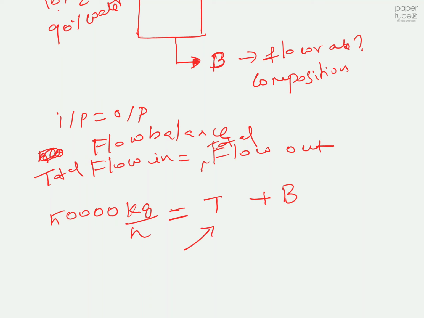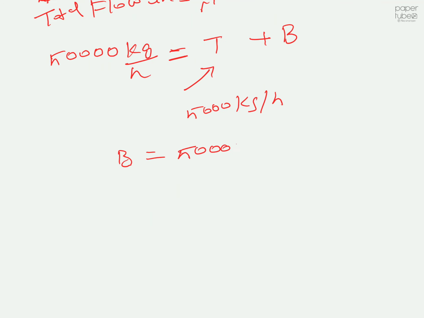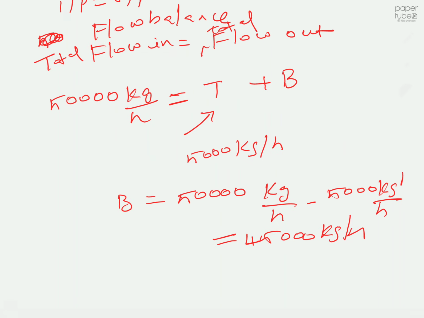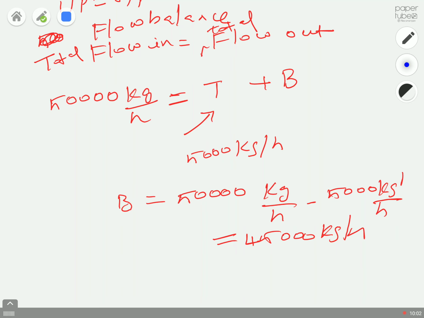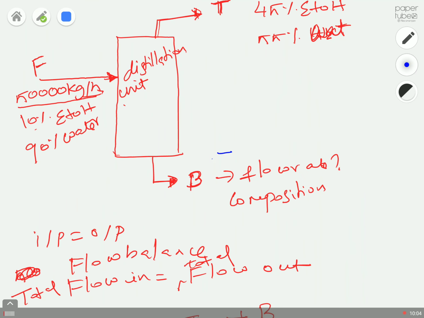In the top we know the value, 5,000 kilograms per hour. Therefore the flow rate in the bottom is 50,000 minus 5,000 kilograms per hour, which equals 45,000 kilograms per hour. So if you go back here, the flow rate that comes in the bottom is 45,000 kilograms per hour. We calculated one unknown parameter, so now we need to calculate the composition in the bottom.